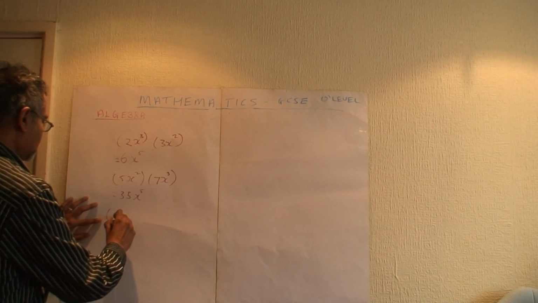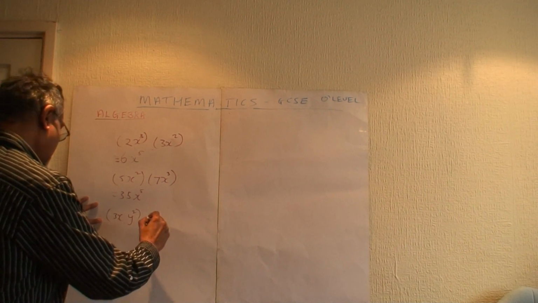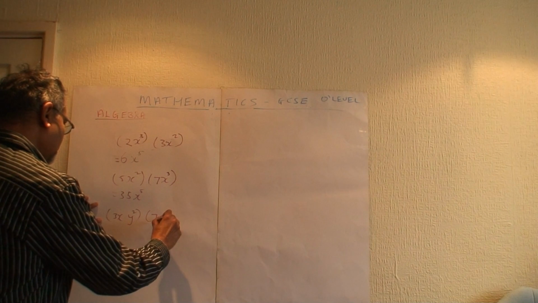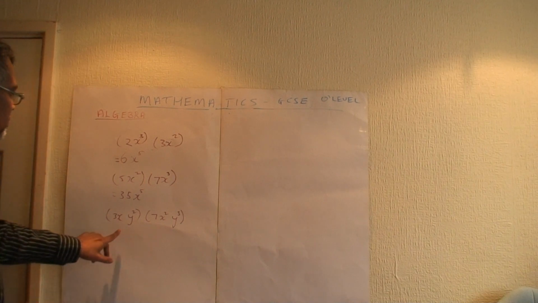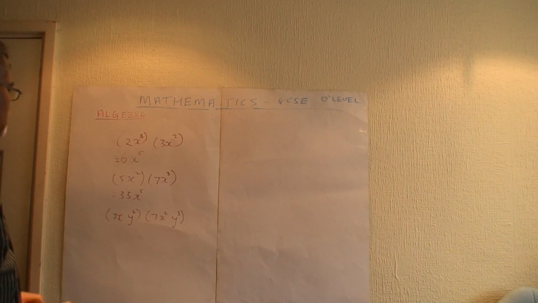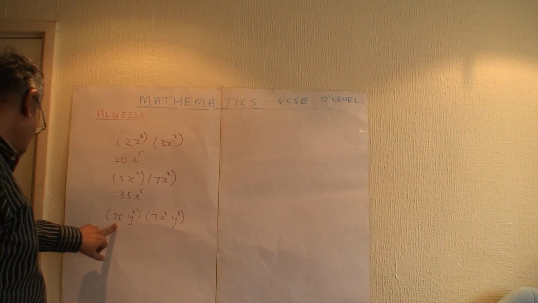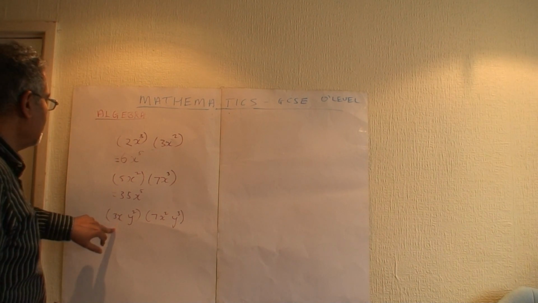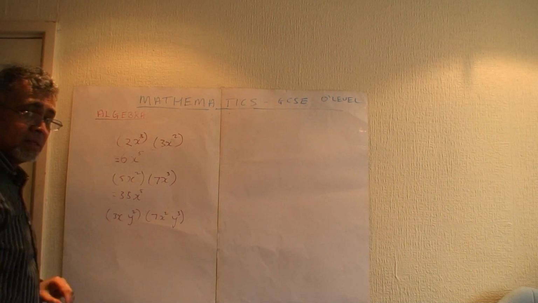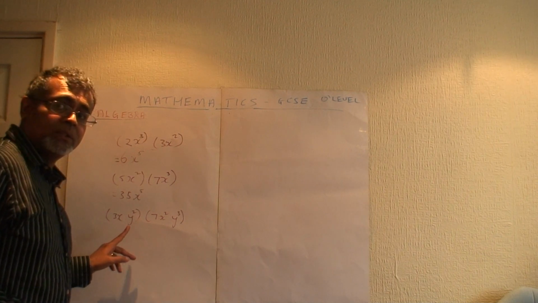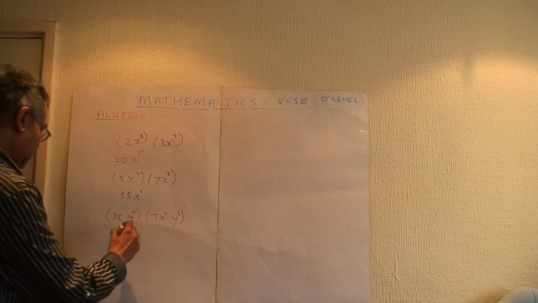Say we have 3x y squared times 7x squared y cubed. We multiply all the like terms. In this case, the number coefficients are 3 and 7, so we multiply them together and we have 21.